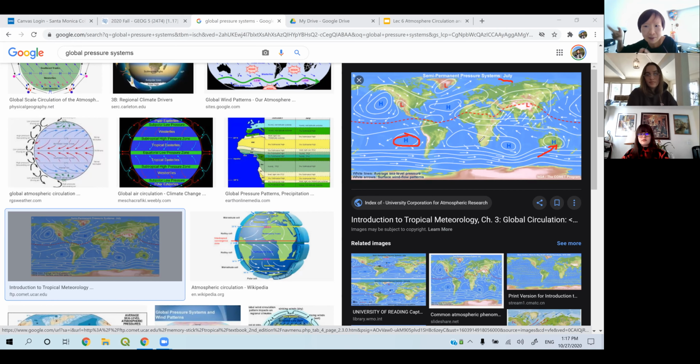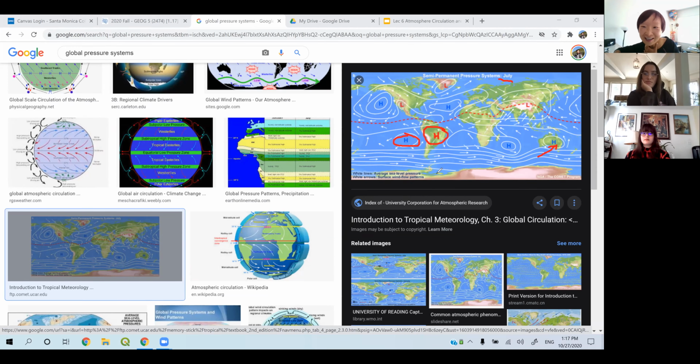They can maintain it, but those high pressures get weakened. And here, over Brazil and Argentina, we also have a high pressure, because it's cold.